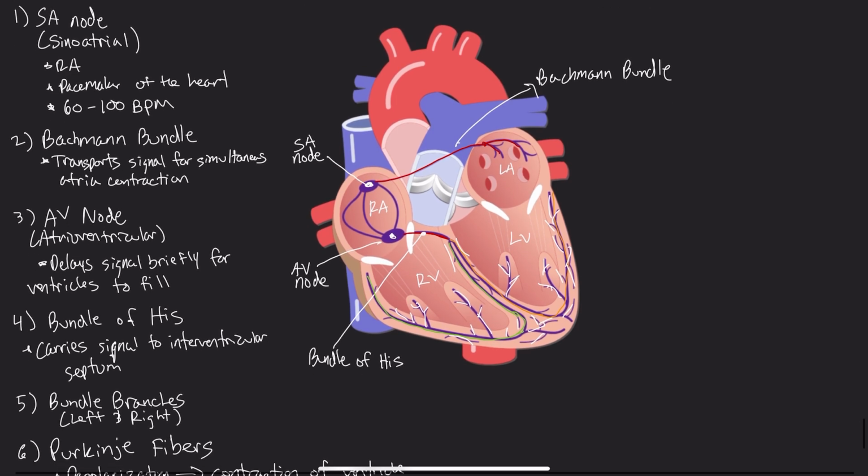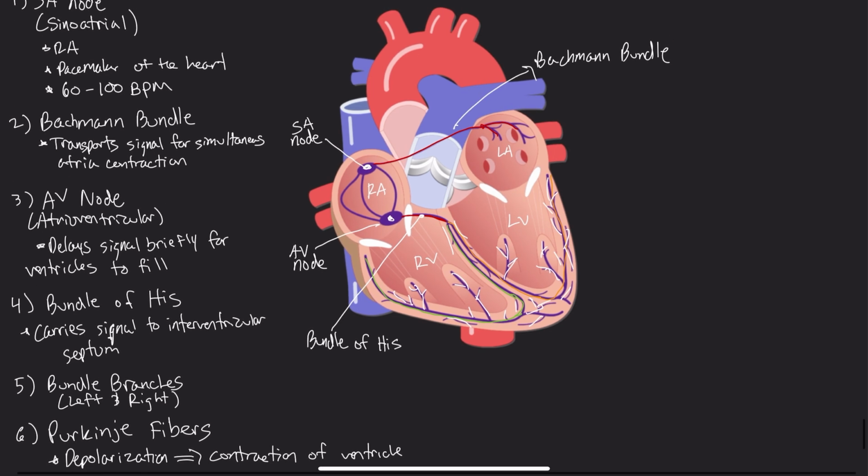Like I said, you're starting with the SA node. This is your intrinsic. It's got that value of 60 to 100 beats per minute. We do have some backup rates here in case, let's say the SA node fails. Then that's when the AV node could take over as well. So the AV node is actually going to have an intrinsic rate of 40 to 60 beats per minute.